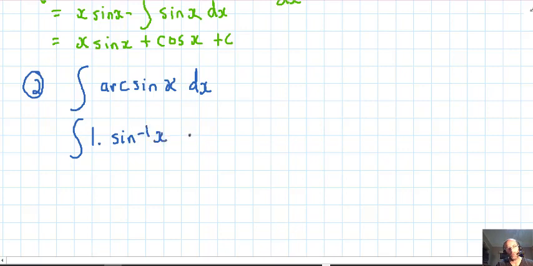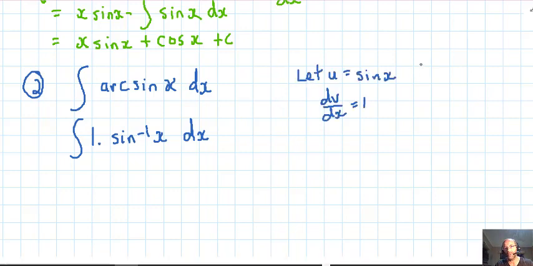The reason why we put in 1 is that we have to have a product there, and I'm writing it in the other notation. So I've let u equal inverse sine x, and so du dx is the derivative of inverse sine x. We've been doing that fairly recently.